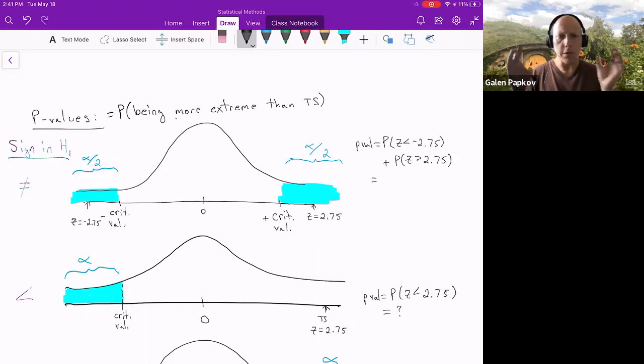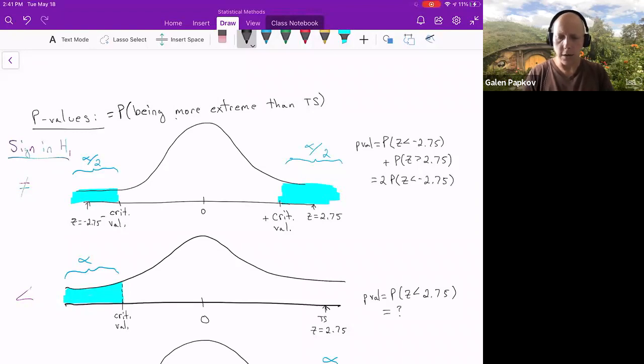But by symmetry, we know that those two areas are going to be the same. And so this is identical to 2 times the probability of either one of these. I'll just go with the left-tailed one. Z is less than negative 2.75.